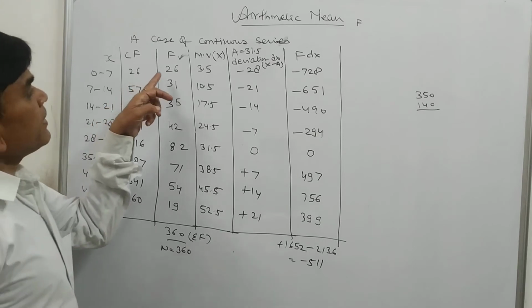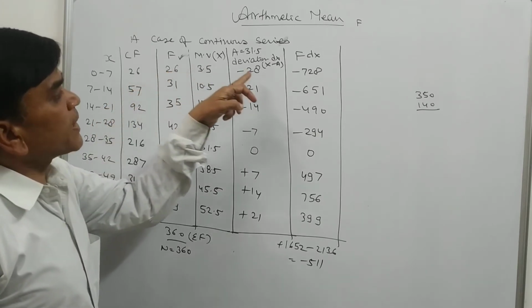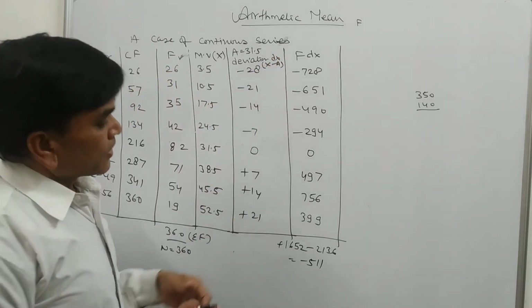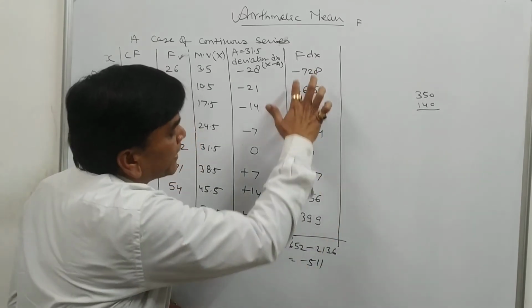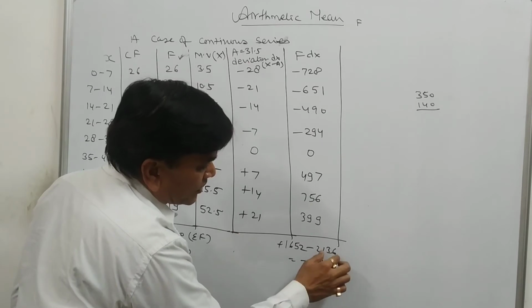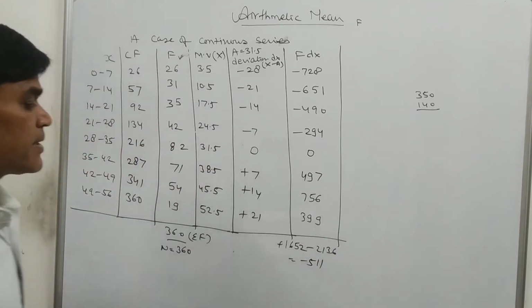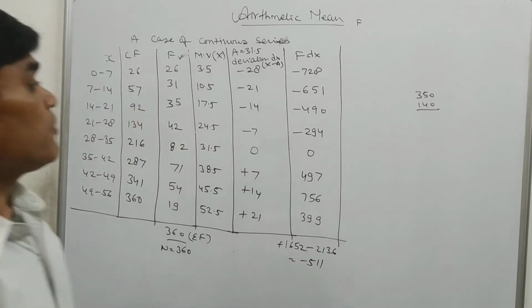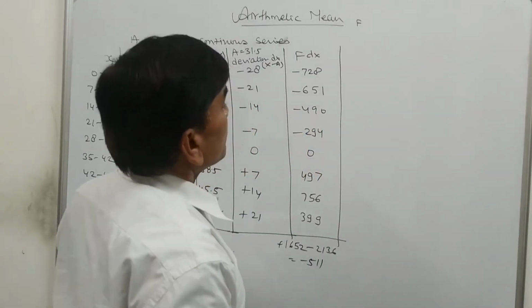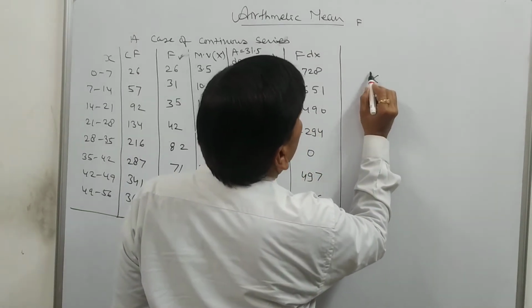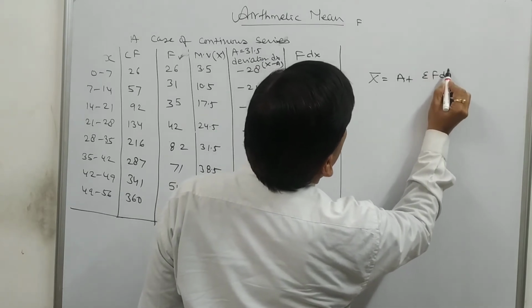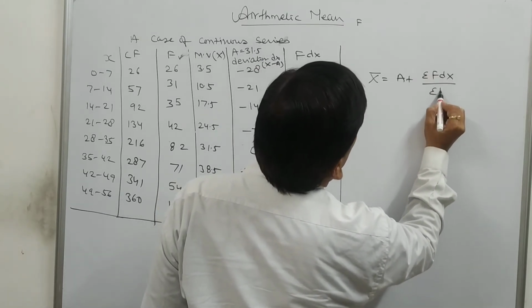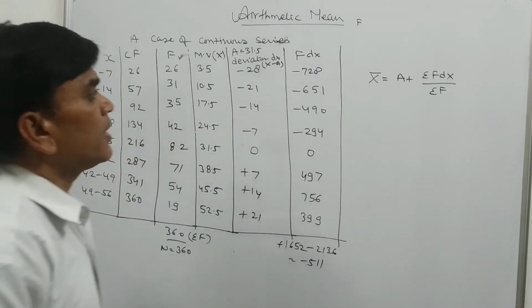So what we have done? We have multiplied f by dx and got this. The positive value is 1652 and the negative value is 2136. So the result will be minus 511. Now the formula is x bar is equal to assumed mean plus sigma f dx upon sigma f. We have to use this formula.